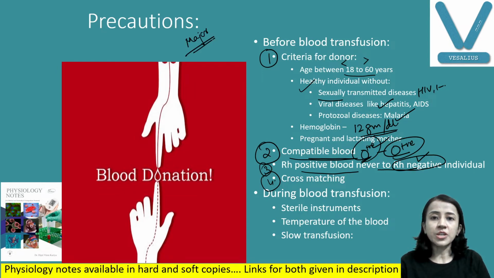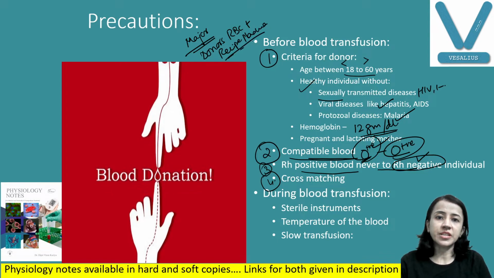In major cross matching, we mix the donor's RBC with the recipient's plasma and watch for a reaction. If there is no reaction, then the blood can be given. In minor cross matching, the donor's plasma is matched with the recipient's RBC. So these two are required before blood transfusion.